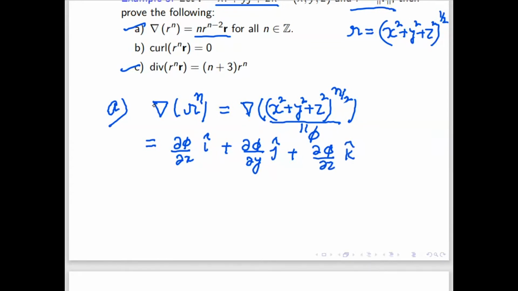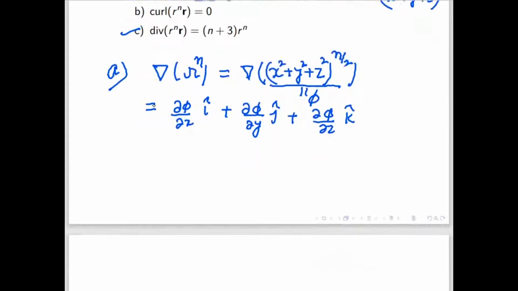So now I will find the derivative of this phi with respect to x, with respect to y, and with respect to z. So I am calculating one by one. Del phi by del x. So what is the derivative of this phi with respect to x? So this is by the definition of this gradient, and this is phi, so I have to differentiate this with respect to x. The derivative of phi with respect to x.